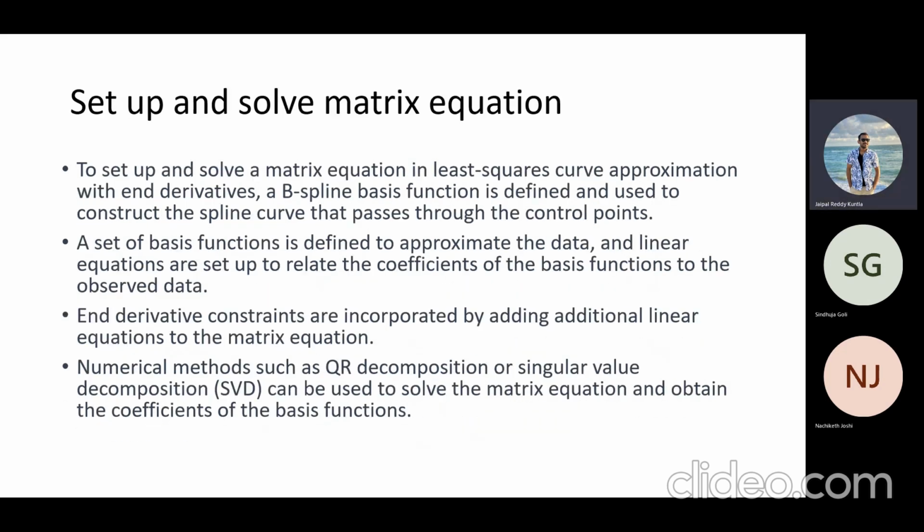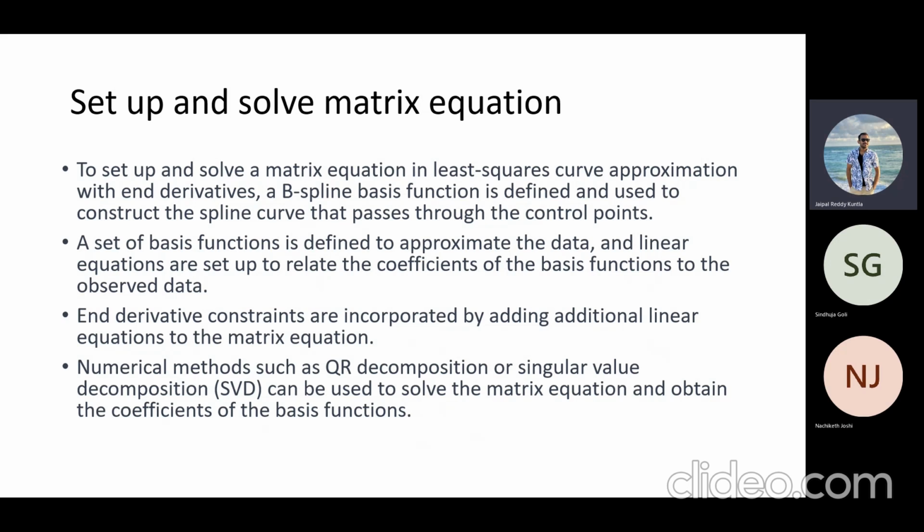To set up and solve a matrix equation in least squares curve approximations with n derivatives, a B-spline basis function is defined and used to construct the spline curve that passes through the control points. A set of basis functions is defined to approximate the data, and the linear equations are set up to relate the coefficients of the basis functions to the observed data.